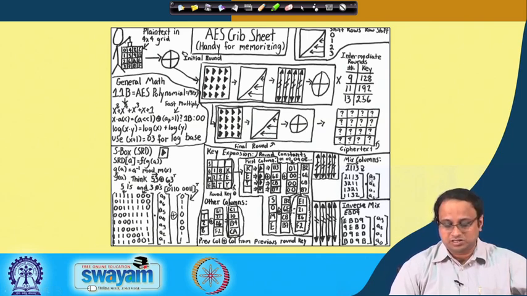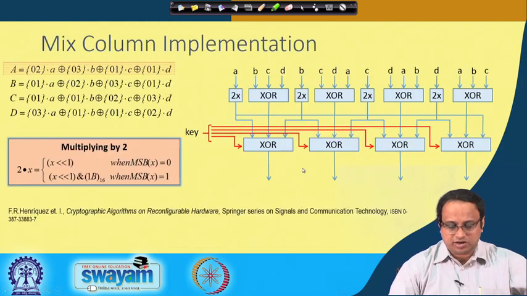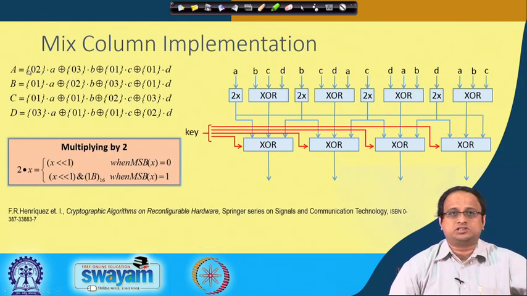When I multiply this with this, and whenever there is an overflow, that means the degree of the polynomial exceeds 7, then I have to do a modulo operation. This modulo is done by the irreducible polynomial which I use in the context of the AES algorithm. So, let us try to look into the mixed columns with this background.